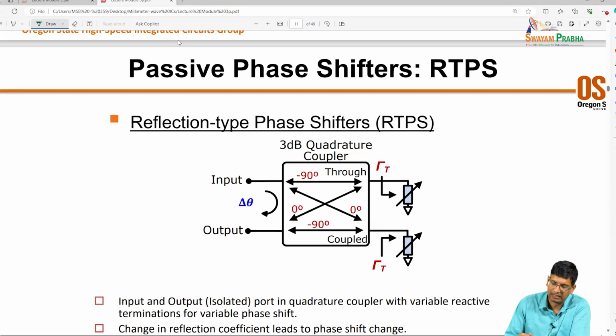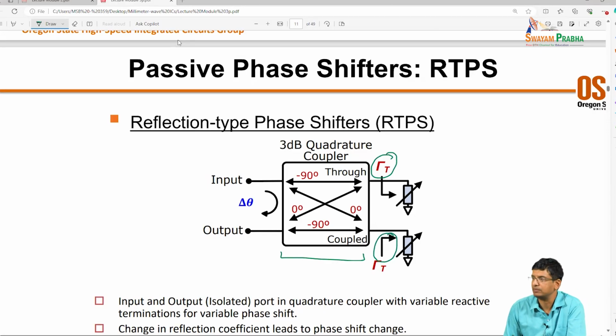But basically, the idea here is to use a quadrature coupler, which has this property that as long as both through and coupled port see the same termination, right? Then at the input port and output port, you are matched. So if you leave these open, you are matched. If you leave these both short, you are matched. As long as they are terminated in the same load, you are matched.